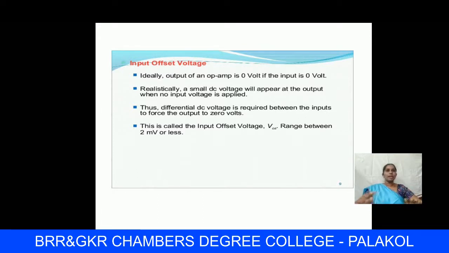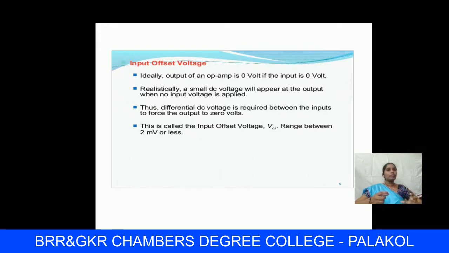When we apply an input equal to 0, the output should also be 0, but it does not come to 0 because some DC level is added at the output. Therefore, to remove this DC level, some external voltage is required to get 0 volts at the output.